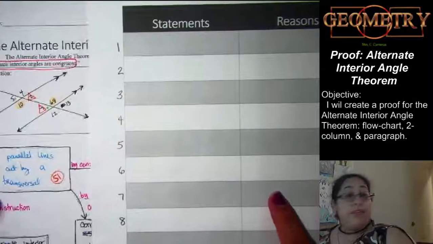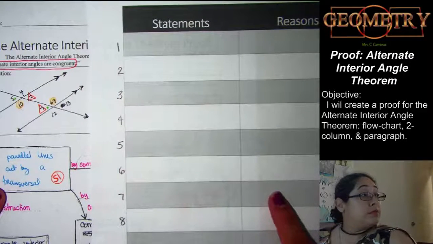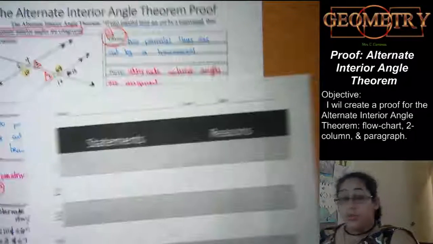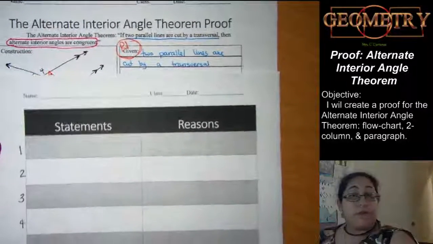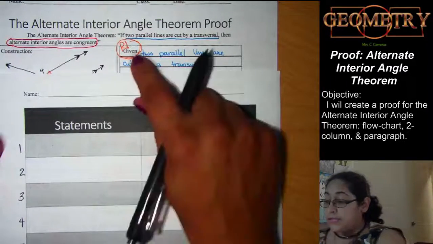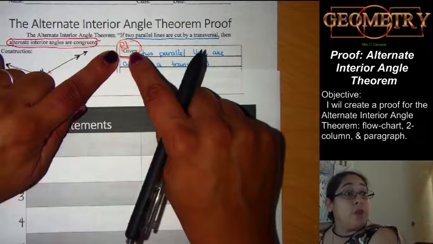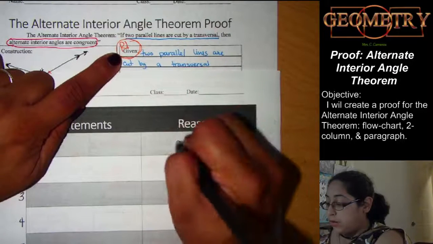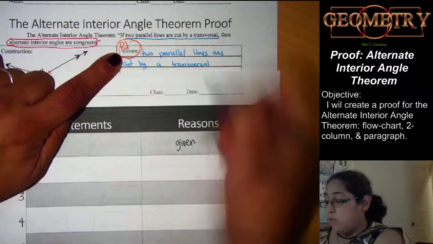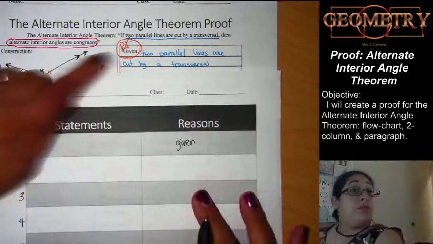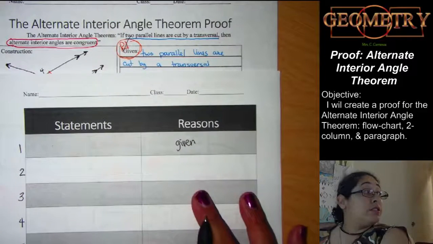We've labeled these statements and reasons. So all we need to do is match up each code and fill in our table. This is reason number 1. I'm going to write the word given under reason number 1. And then I'm going to check it off so I know that it's done.